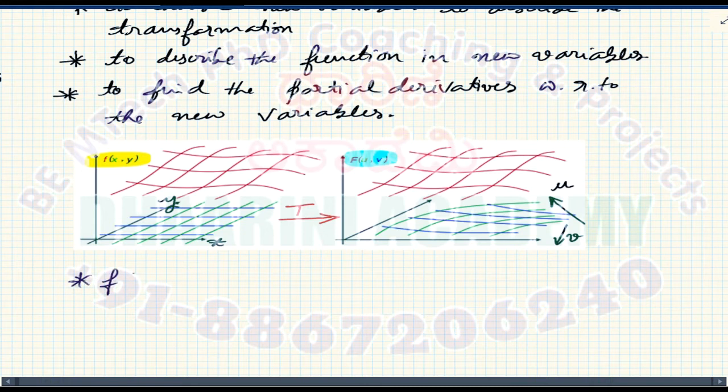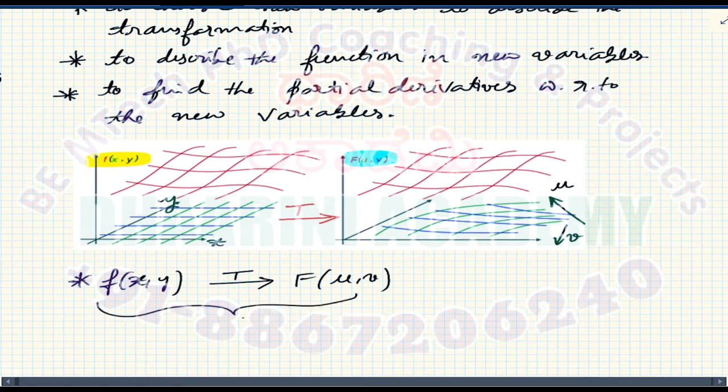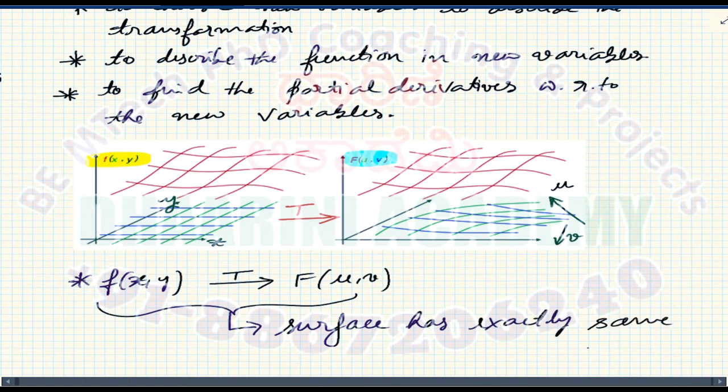Whether it is f of x comma y, the old one, or the transformed one, capital F of u comma v, in both of them the surface has exactly the same shape. So shape is not going to change.